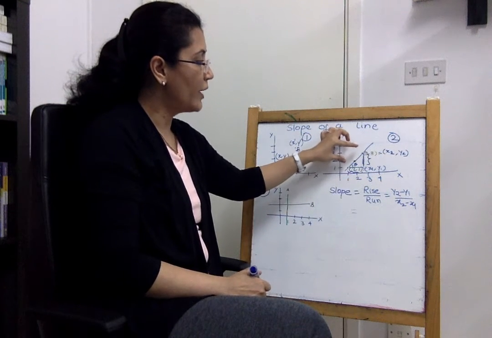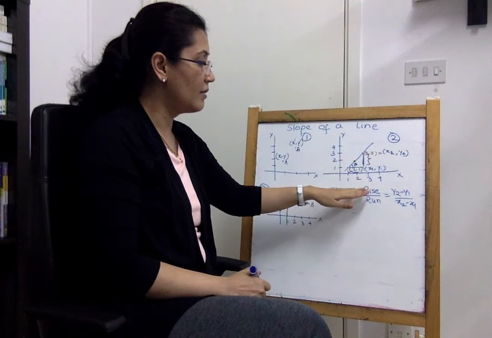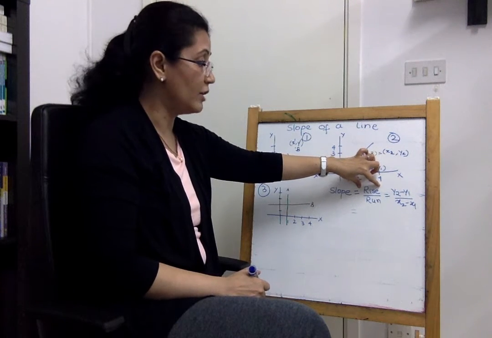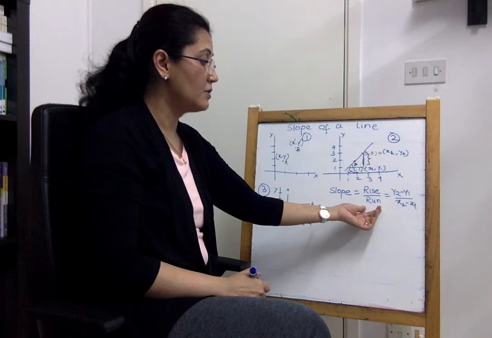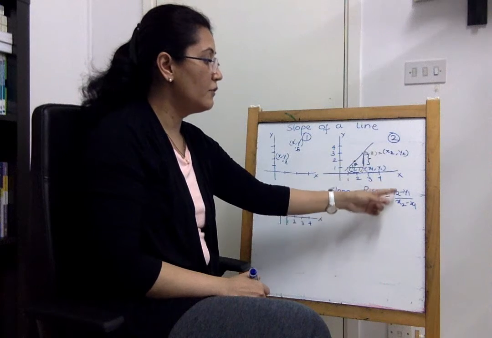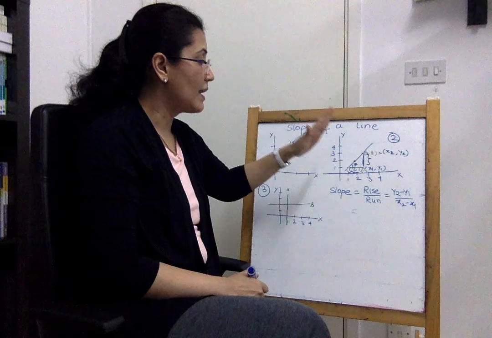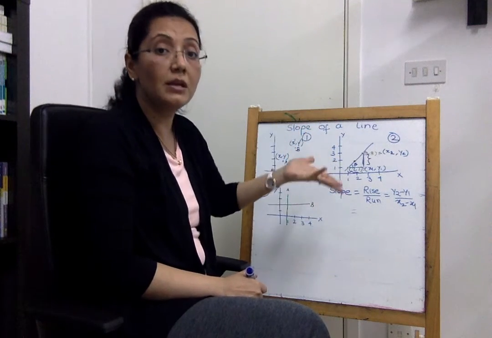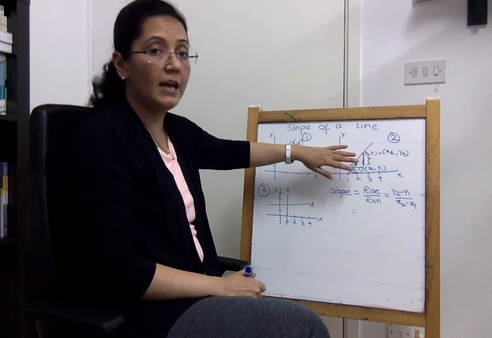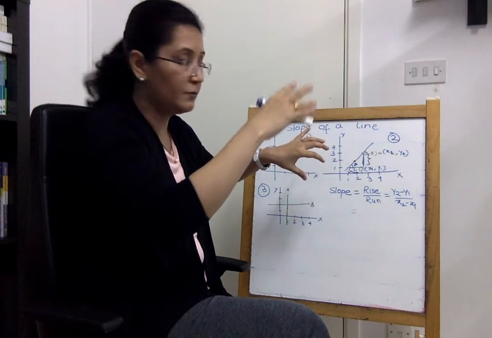At any 2 points, I can find the corresponding coordinates, and I can find the difference of the y coordinate, which is distance, divided by the difference of the time coordinate on the x-axis, which gives me rise over run, and that will be the slope of that line, which gives me the speed. So speed is an example of the slope of a line when I want to connect this information to a real life scenario.